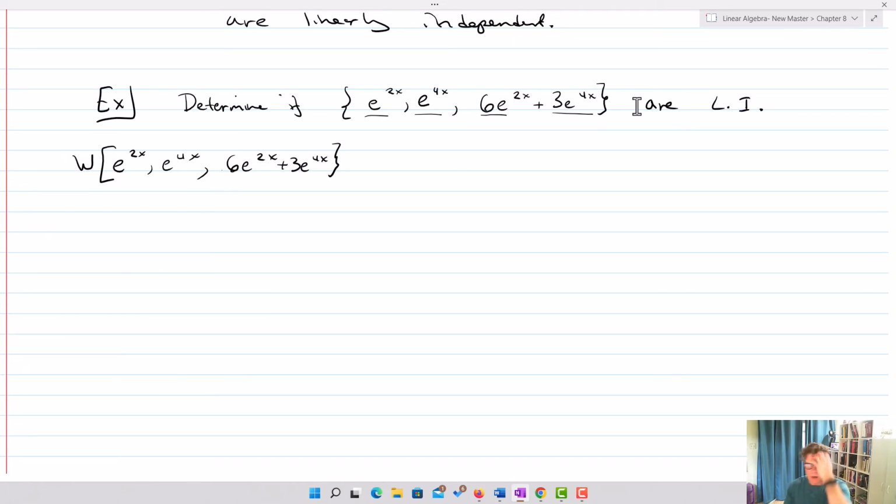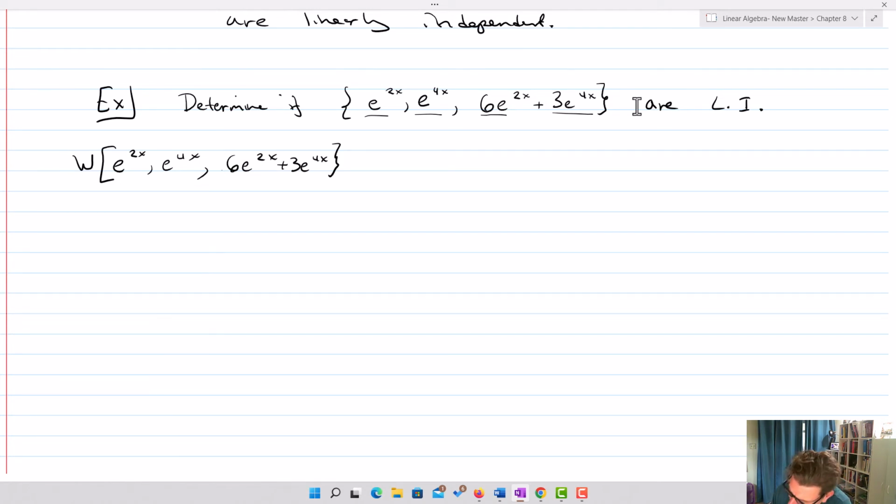Albeit we are going to use the Wronskian to prove it, you could actually say no, they're not linearly independent, because that third function is in fact a linear combination of the first two. So we can be pretty sure that we're going to end up with identically 0 here. But let's actually take a look and see that that's the case.